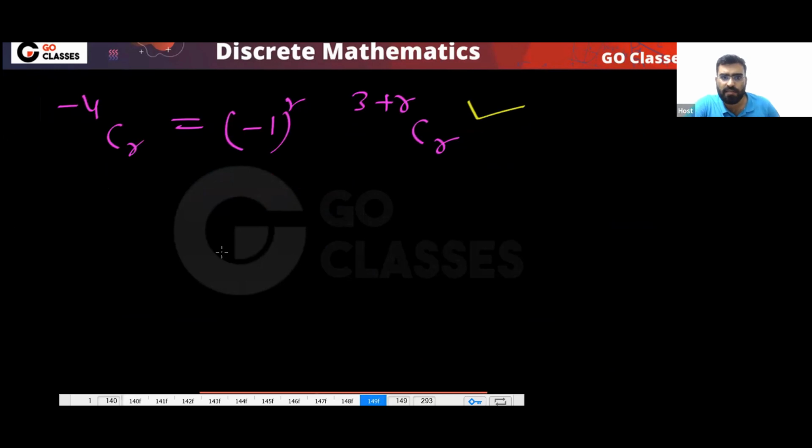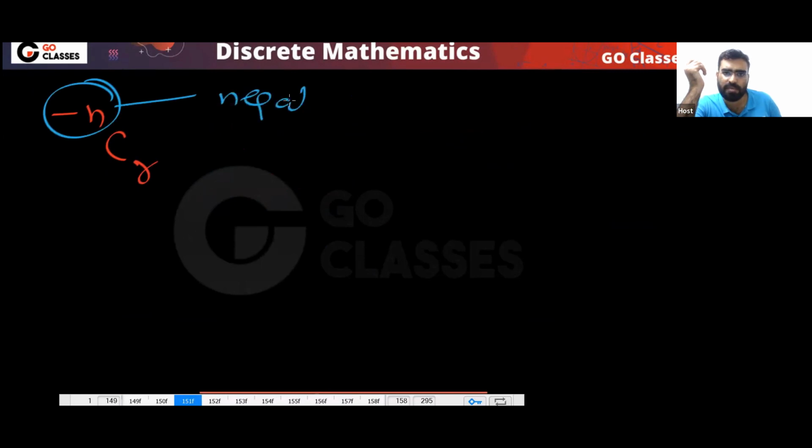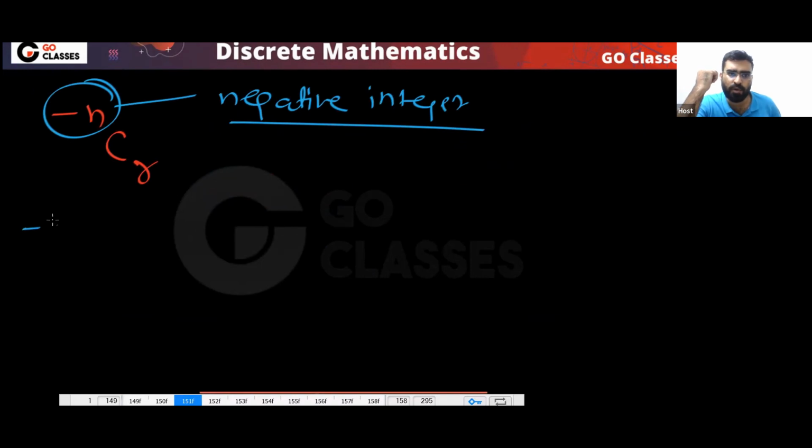So what I want to say is that if you have a negative integer, then you can do something. If you have minus nCr, where minus n is a negative integer, like minus 4, minus 5, something like that, then you can solve this minus nCr.